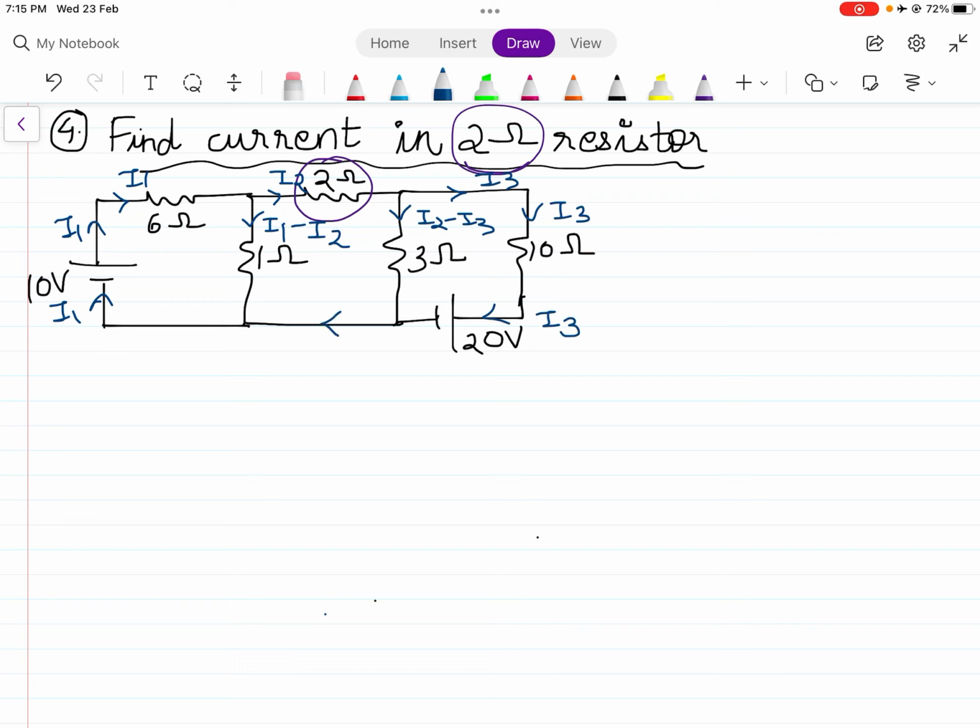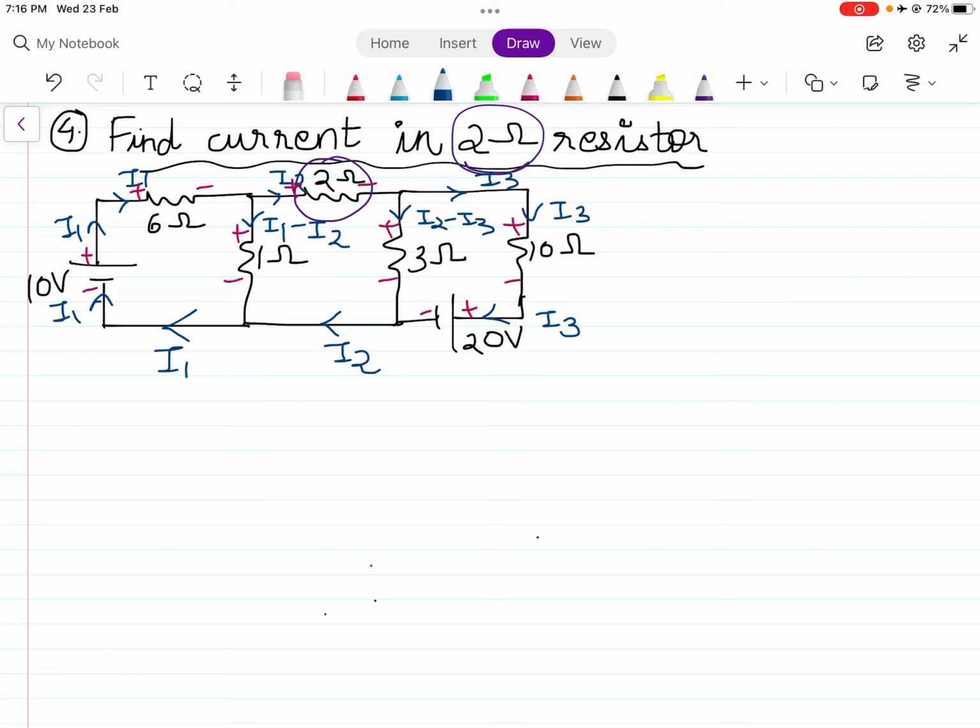So this will be I2 minus I3 plus I3. I3 cancels. I2. This will be I1 minus I2 plus I2. I2 cancels. So I1. Then we have to mark the polarity. This is negative. This is positive. Plus, minus, plus, minus, plus, minus, plus, minus, plus, minus, plus, minus.